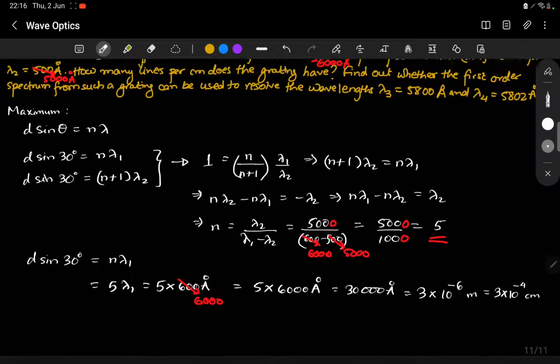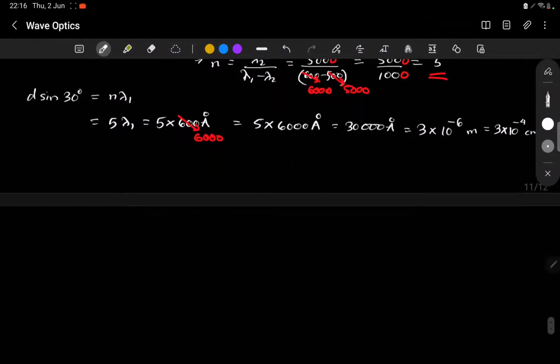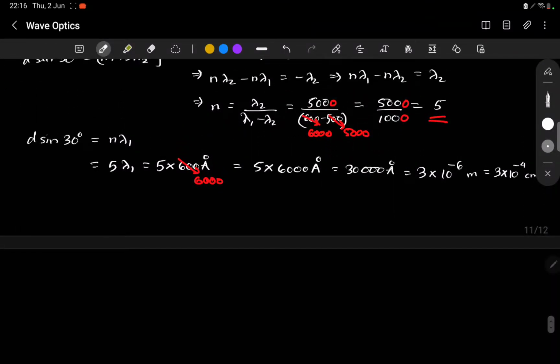Now we need to find out the grating element, that is how many lines per centimeter does the grating have. So number of lines per centimeter for the grating is going to be width of grating divided by grating element, which is nothing but d.